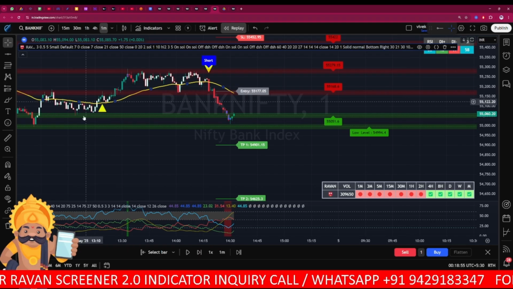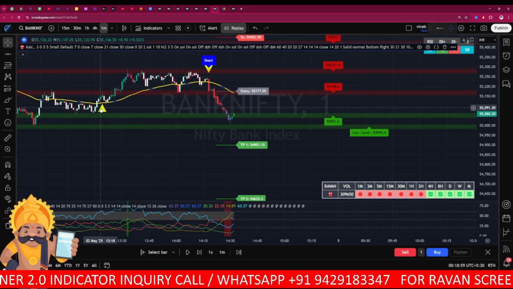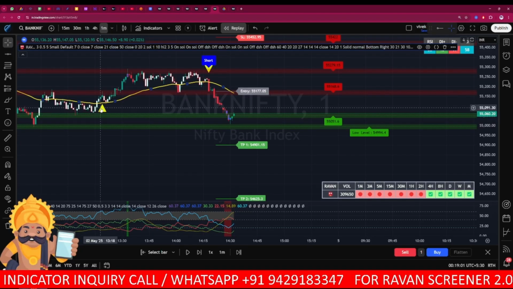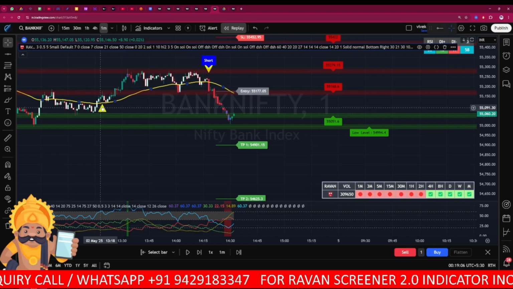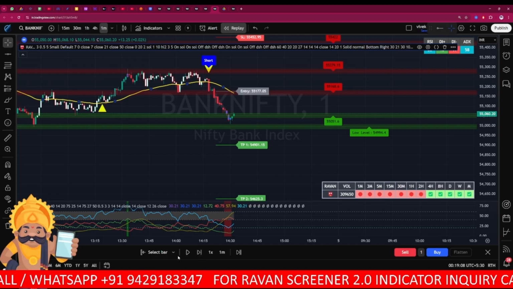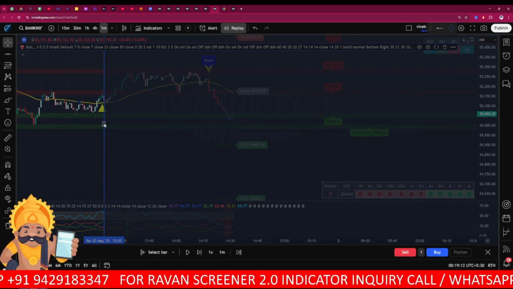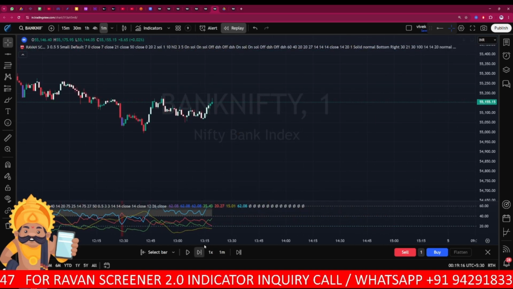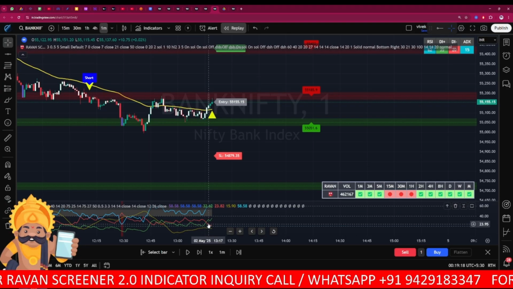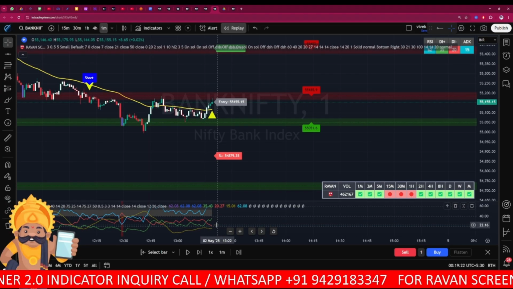Now let's take this example. Here we got a confirmation of RSI, but at the same time we did not get confirmation of DI plus DI minus. Why? Let's understand it. I'm just taking this bar and setting it over here. Okay, so it's a bullish trade, right? You can see RSI is also broken, DI plus DI minus is also broken, and ADX is below 20.